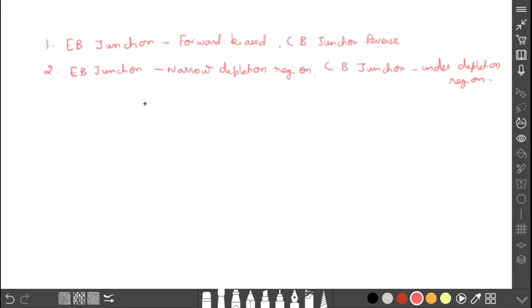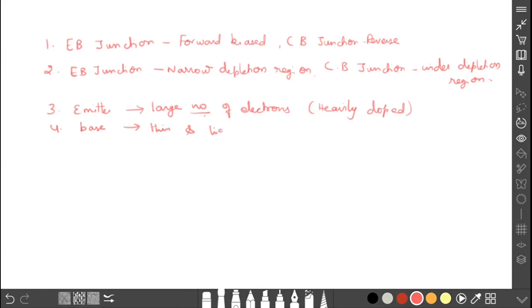Here we are talking about an NPN transistor. The emitter provides a large number of electrons because it is heavily doped. The base is very small, thin and lightly doped.